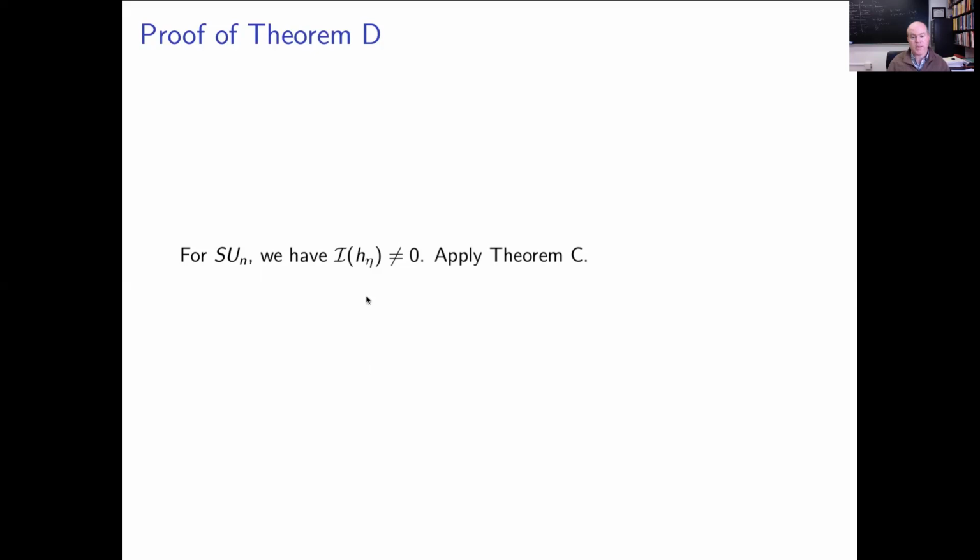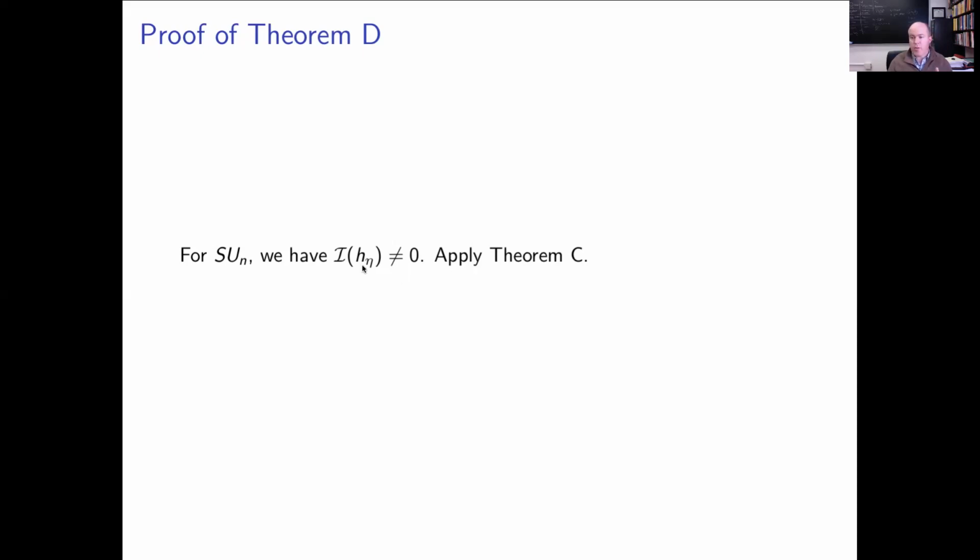We have explicitly produced an eta so that h sub eta is explicit, and when you calculate the Koiso obstruction, you don't get zero. So whether SU(N) is odd or even, this always works. The reason this doesn't prove that SU(N), where N is even, is unstable is because the generator can be degenerate.